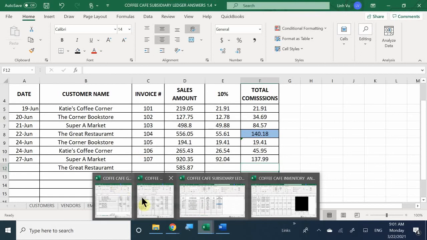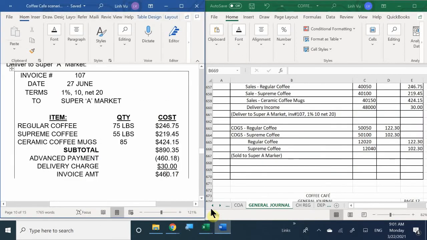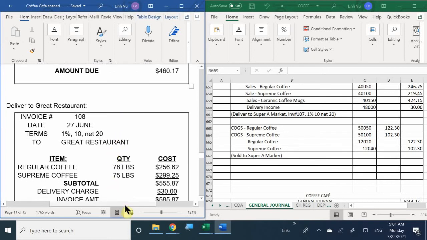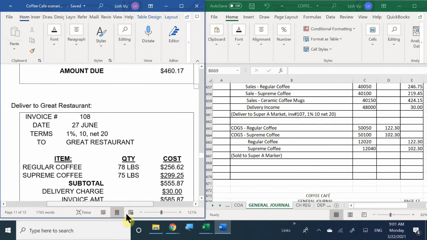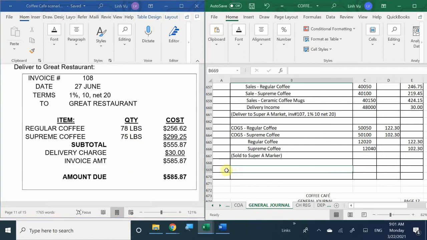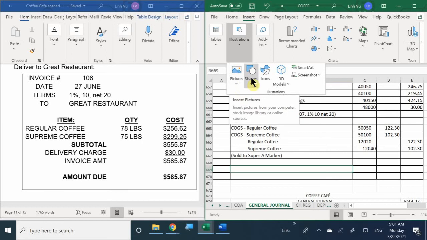Okay, so what's next? Deliver to Great Restaurant. All right. So we made another delivery to who? The Great Restaurant. Okay. So in our journal, we need to draw a line here just in case someone tries to squeeze in a transaction between here, and there is enough space for a transaction here.